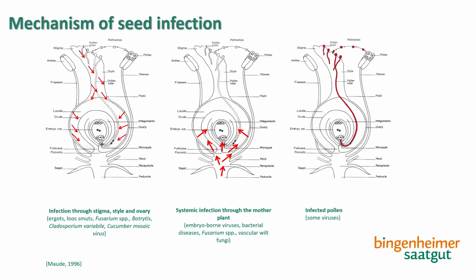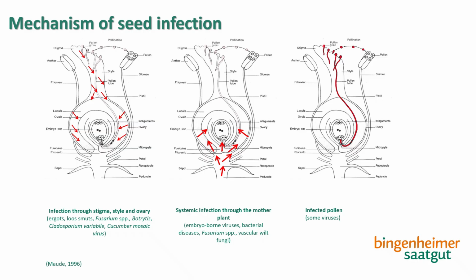More specifically, seed infection can occur through several pathways: the stigma, style, and ovary, as in the case of ergots, loose smut, some Fusarium species, Botrytis, Cladosporium, but also, for example, cucumber mosaic virus. Then systemic infection through the mother plant.